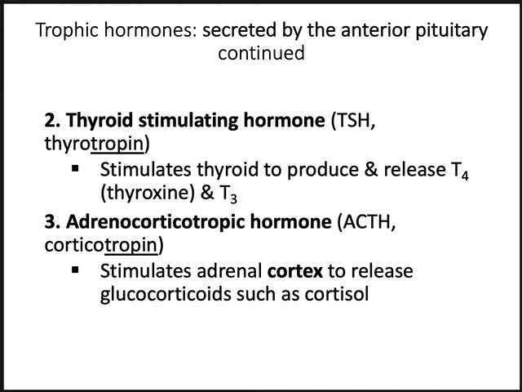When the hypothalamus releases CRH, that will stimulate the anterior pituitary to secrete ACTH. And then ACTH stimulates the adrenal cortex to release glucocorticoids such as cortisol. We will talk about cortisol a bunch when we get to that in a few slides.